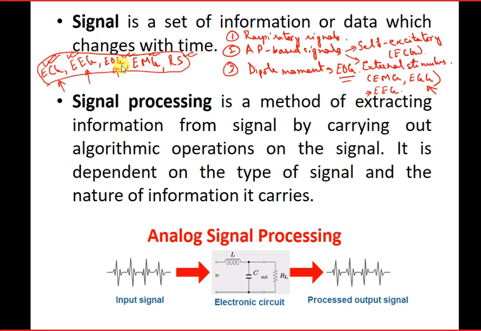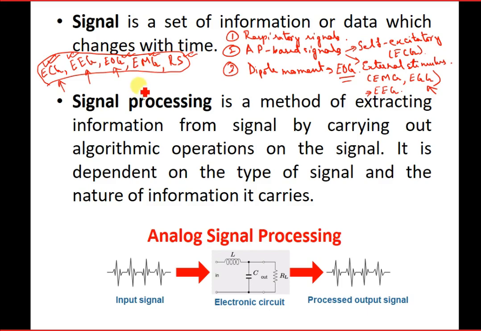As I told you, the EOG is basically a dipole moment which is created between the retina and the cornea. Now, if there is any metabolic problem at the cornea or at the retinal level, then there will be a change in the dipole moment, and indirectly from there we can say that there might be some problem with the retinal layer.